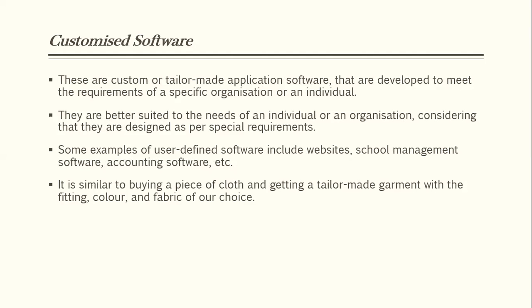The simple difference is, if we go to a website and pick up a dress, it's general purpose software, something everyone can use. But if I go to a designer and get a dress stitched exactly as I wanted, that fits only me. This dress cannot be worn by anyone else. It is only for me. This is the major difference between customized software and general purpose software.